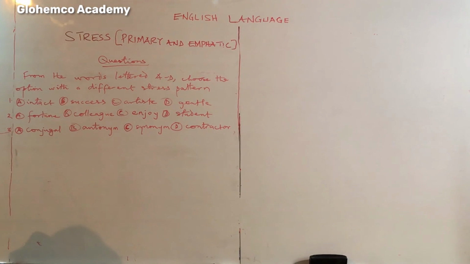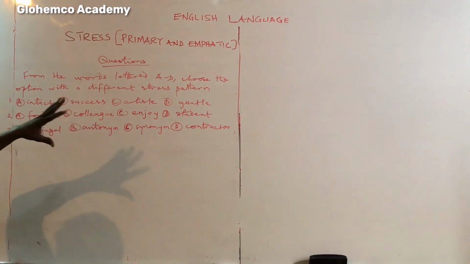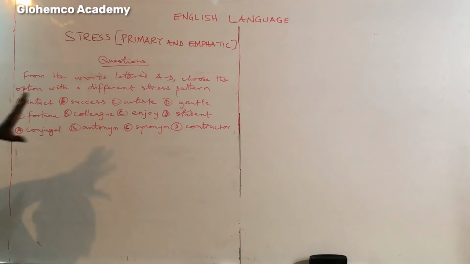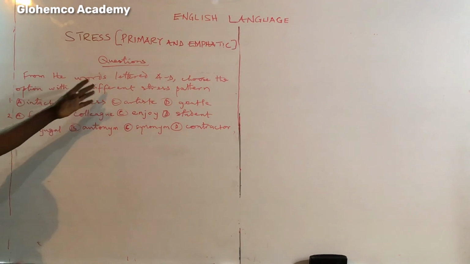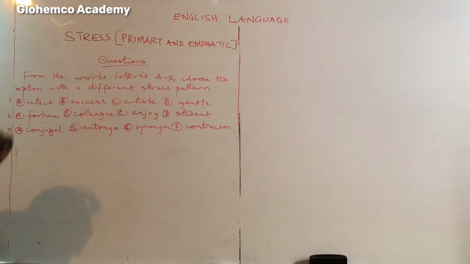Let's see the way questions are asked on this type of topic. I just want us to take these 3. Further examples are coming, further questions are coming. Alright, from the words letter A to D, choose the option with a different stress pattern.